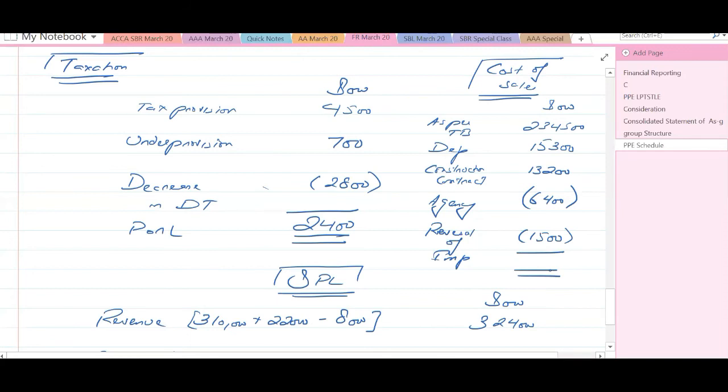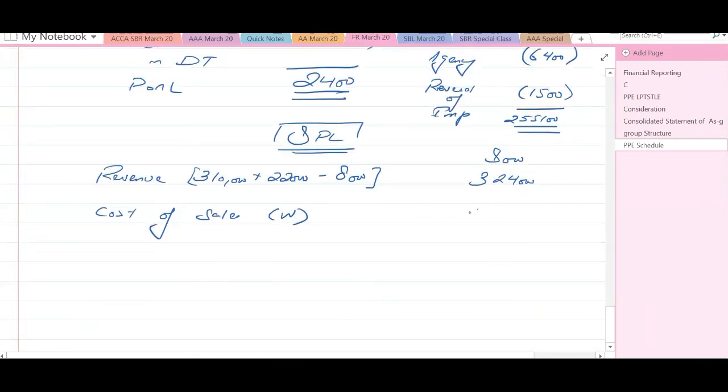It's 2,55,100, the net amount. So we put here 255,100. It gives you the gross profit. Revenue 324,000 minus 255,100 gives 68,900.